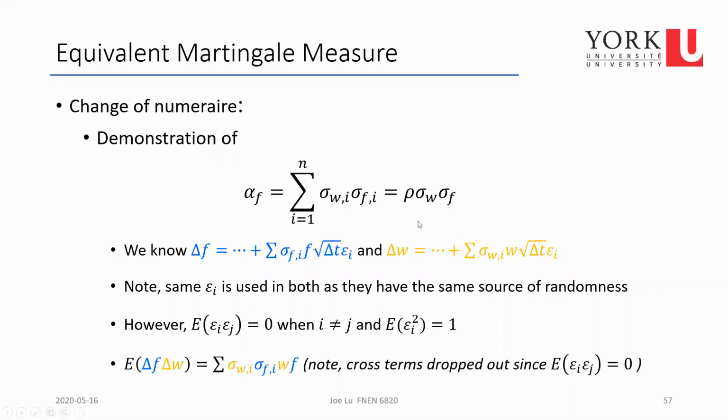Now, how do I associate that? Here we see, what is delta F? Well, delta F is just a whole bunch of drift terms plus this random innovation here, where you have this part, the delta Z for each of the random factors I here. Now you can look at delta W exactly the same way: a whole bunch of drift terms here, plus these random changes here.